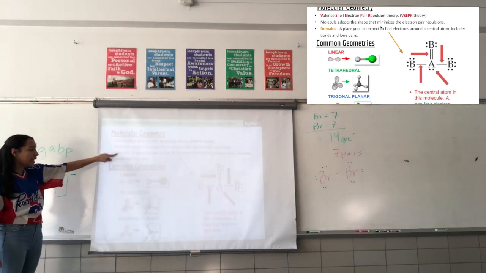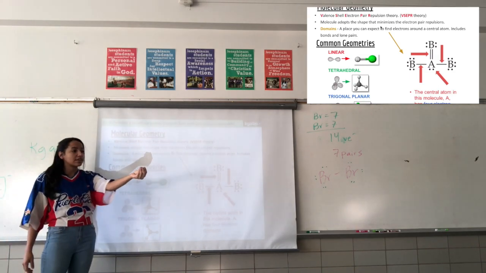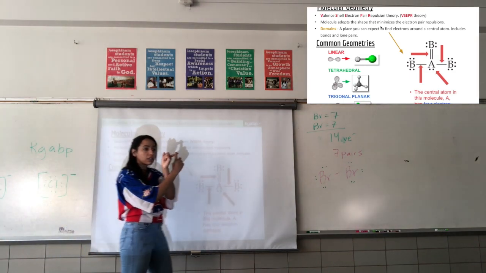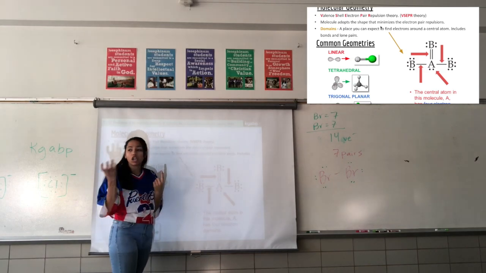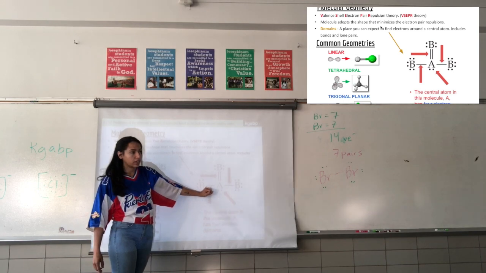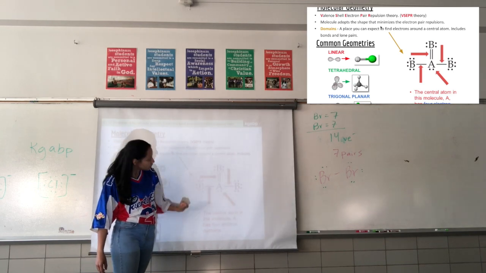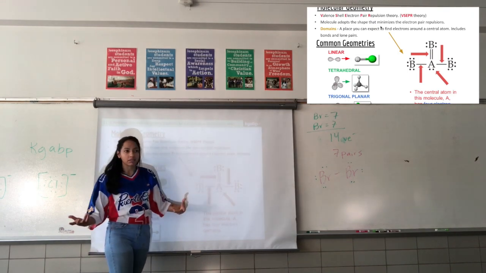Domains are your pairs of electrons. They can either be bonds, like little lines, or a lone pair. The lone pair is the two electrons hanging out together, like a cute little couple of electrons. So bonds and lone pairs are domains.